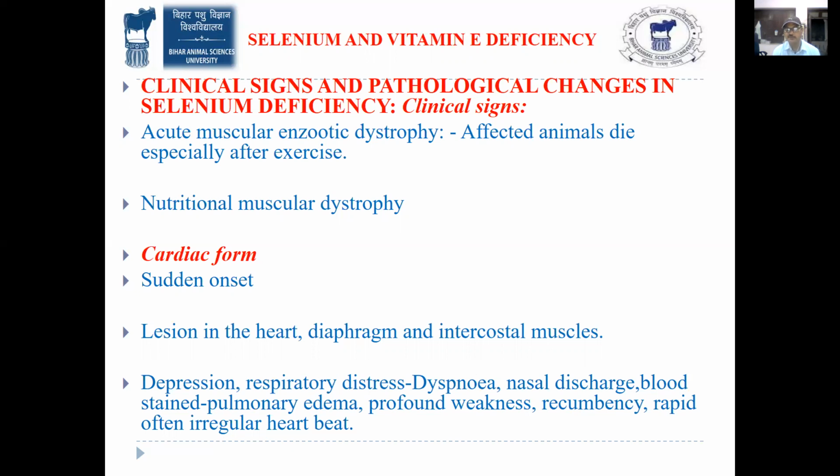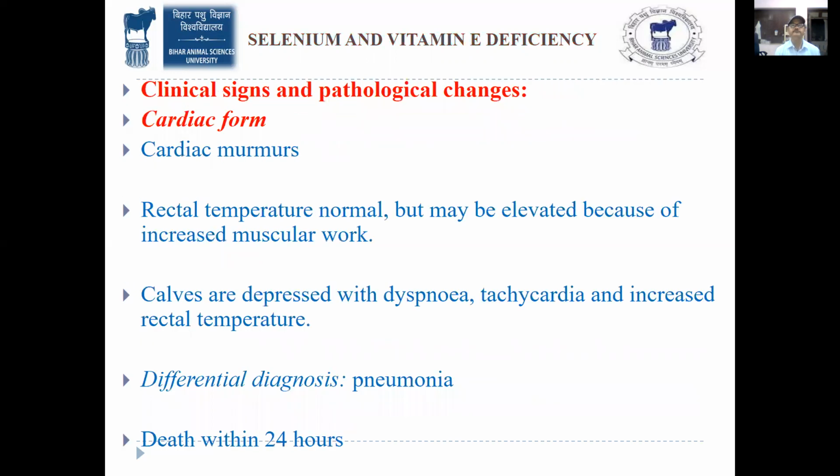Depression, respiratory distress, dyspnea, nasal discharge, blood-stained pulmonary edema, profound weakness, recumbency, and rapid and often irregular heartbeat are common features. In the cardiac form, cardiac murmurs are occasionally heard on auscultation.